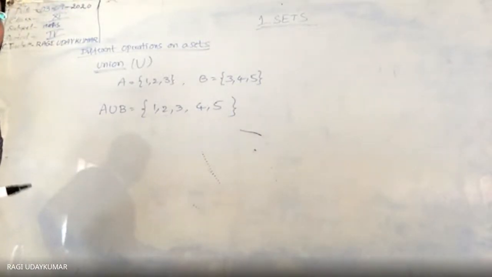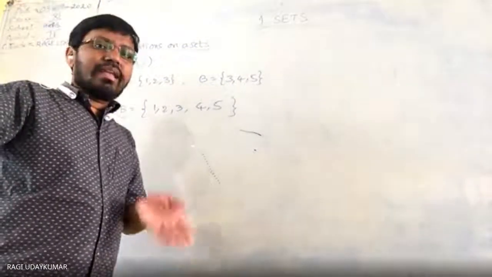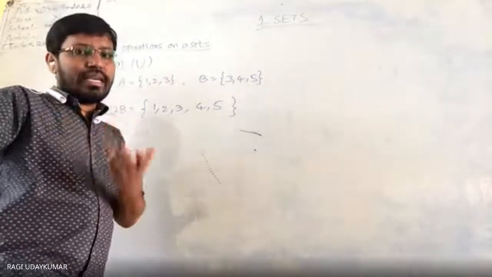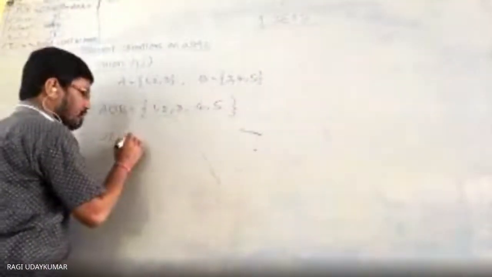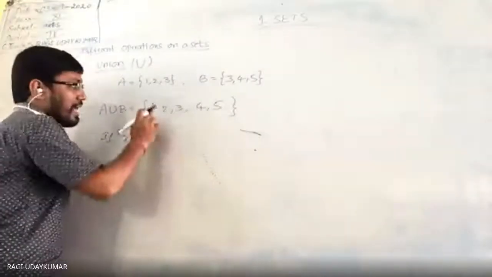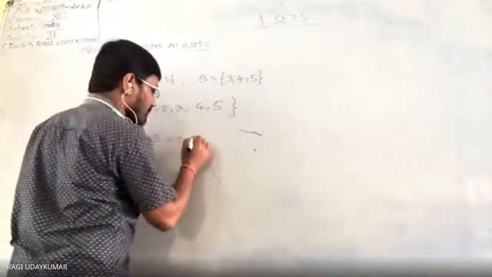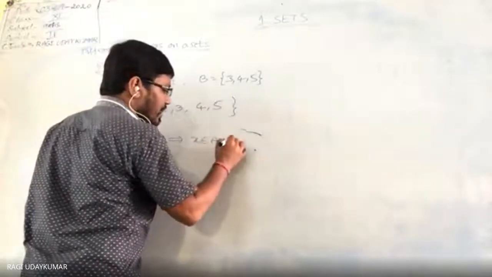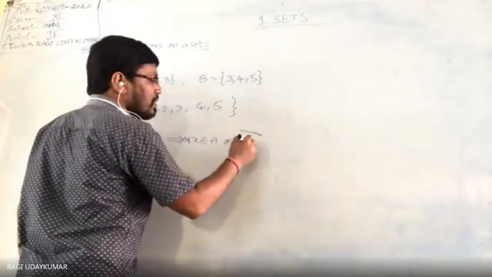The union of two sets is the elements of set A as well as set B. Mathematically, if x belongs to A union B, then x belongs to A or x belongs to B.